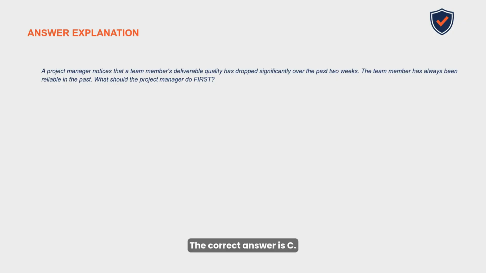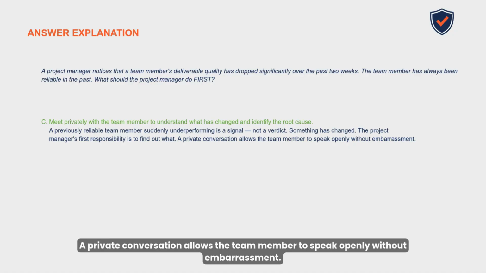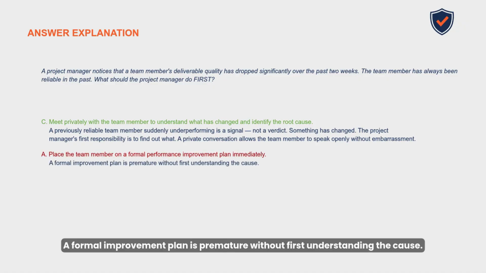The correct answer is C. A previously reliable team member suddenly underperforming is a signal, not a verdict. Something has changed. The project manager's first responsibility is to find out what. A private conversation allows the team member to speak openly without embarrassment. Why not A? A formal improvement plan is premature without first understanding the cause.